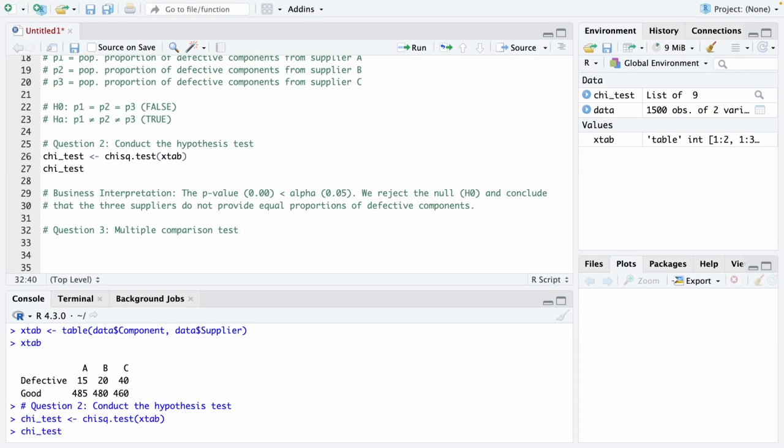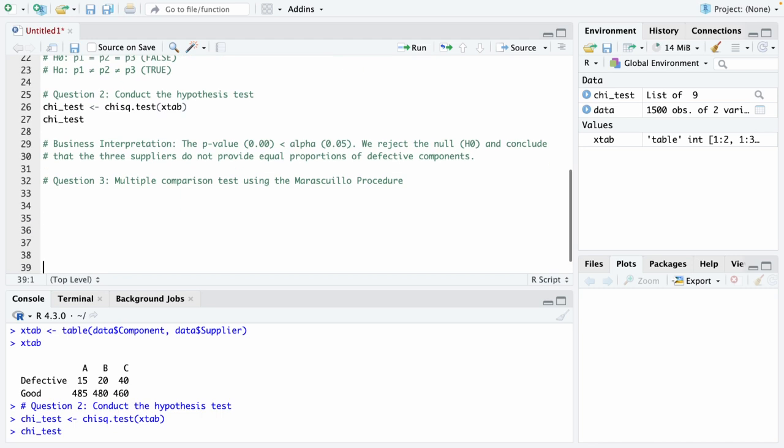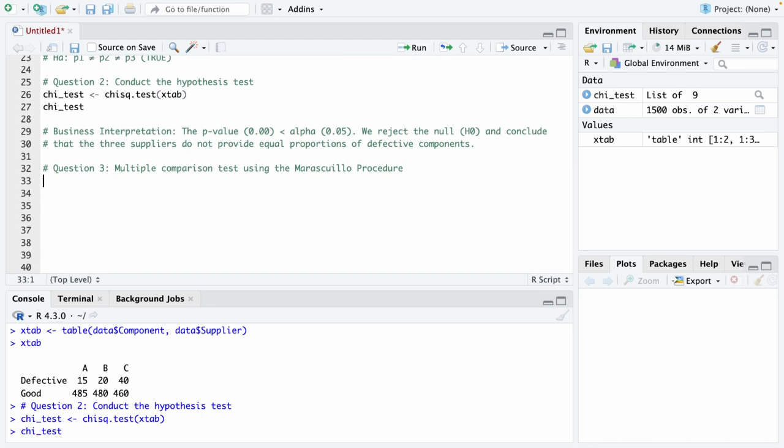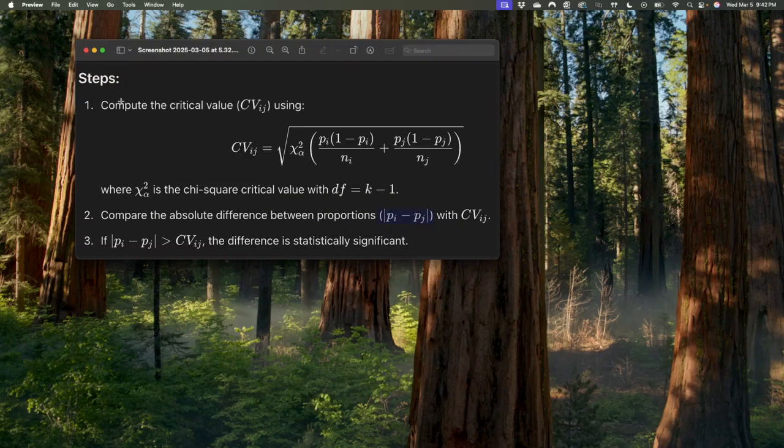That's what the equation is called, the Marascuilo procedure. What I have here is the three-step process to performing it.